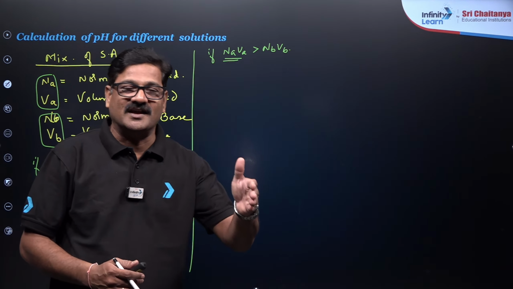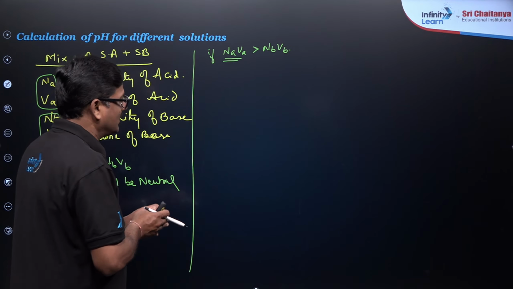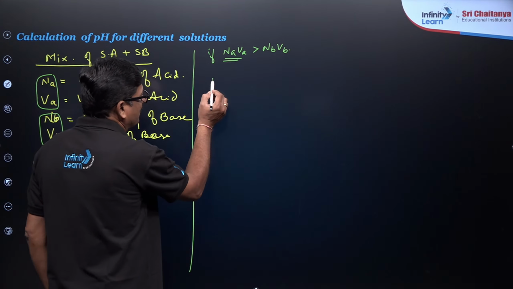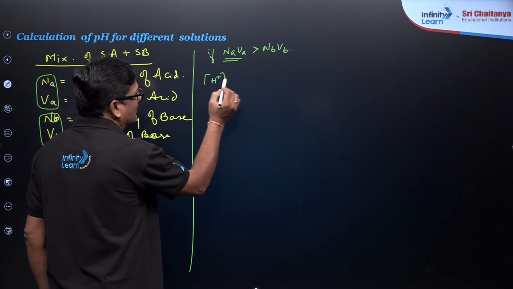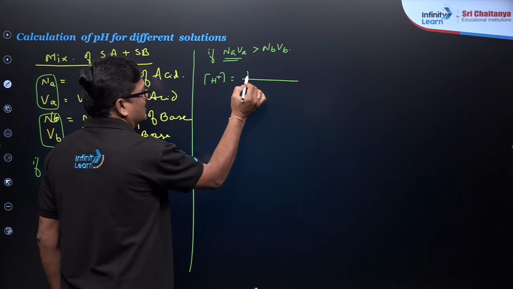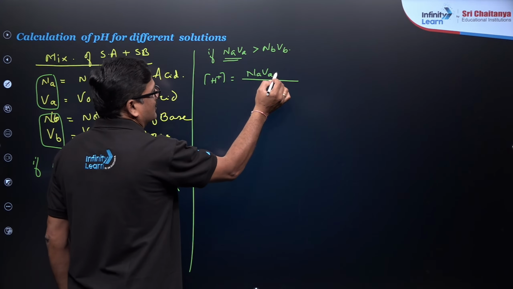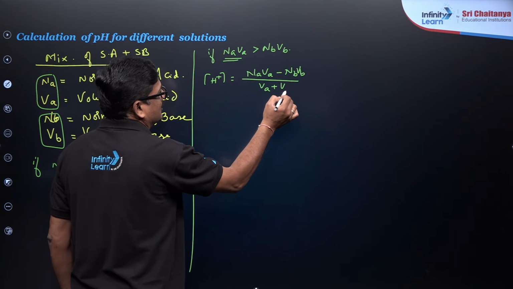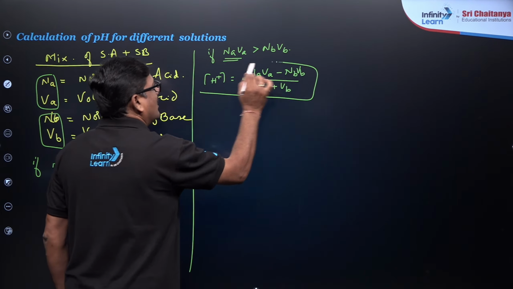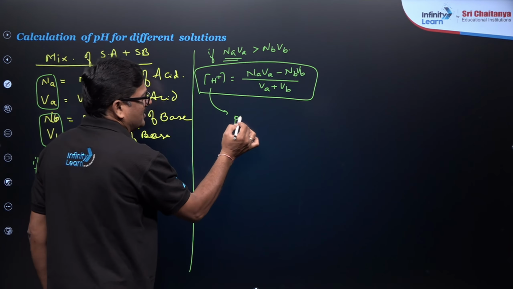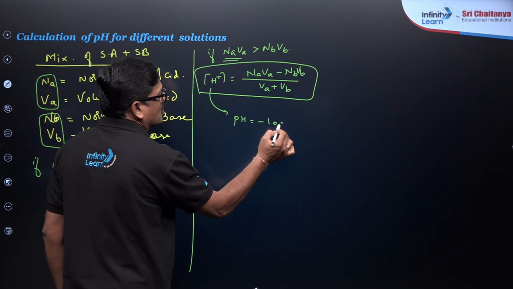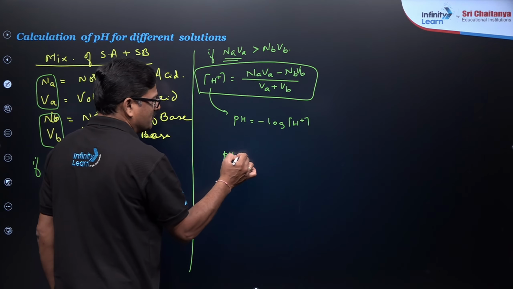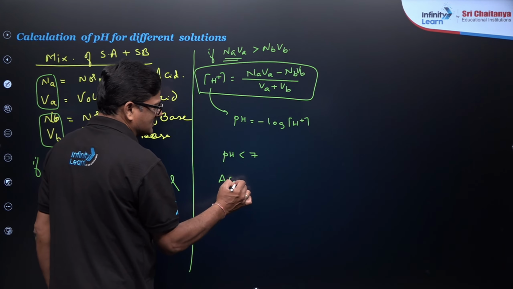So the acid wins, so more H plus ions will remain. So the H plus ion concentration can be calculated as NaVa minus NbVb upon Va plus Vb. From this you can find pH. pH is equal to negative log to the base 10 of the H plus. Of course, the pH is going to be less than 7. The solution is going to be acidic. We know that.